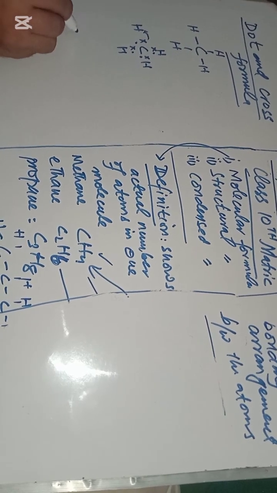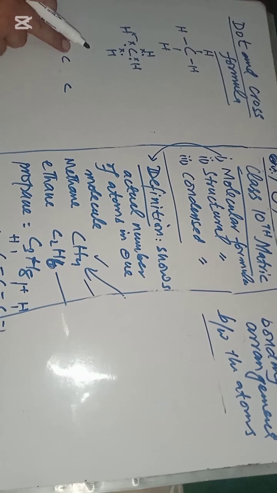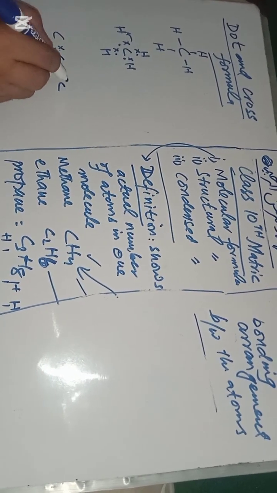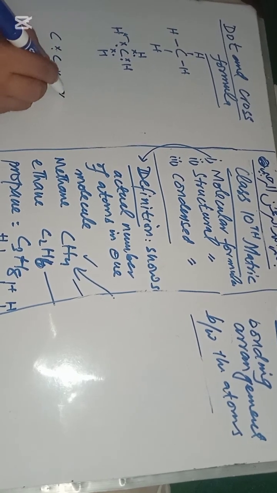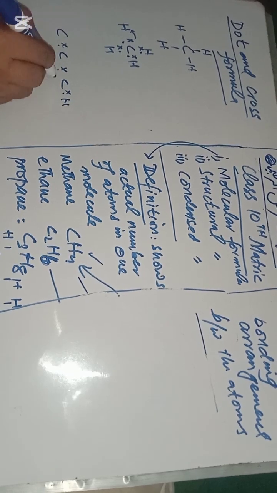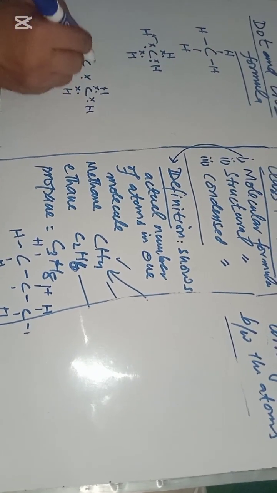Similarly, propane can be represented in this way: each carbon atom is covalently bonded by a single covalent bond with the others, and similarly they are attached by single covalent bonds to the hydrogen as well. Clear?